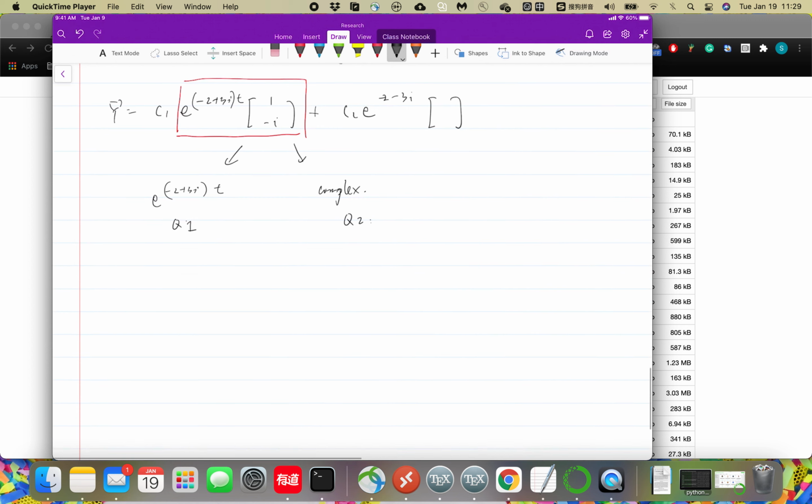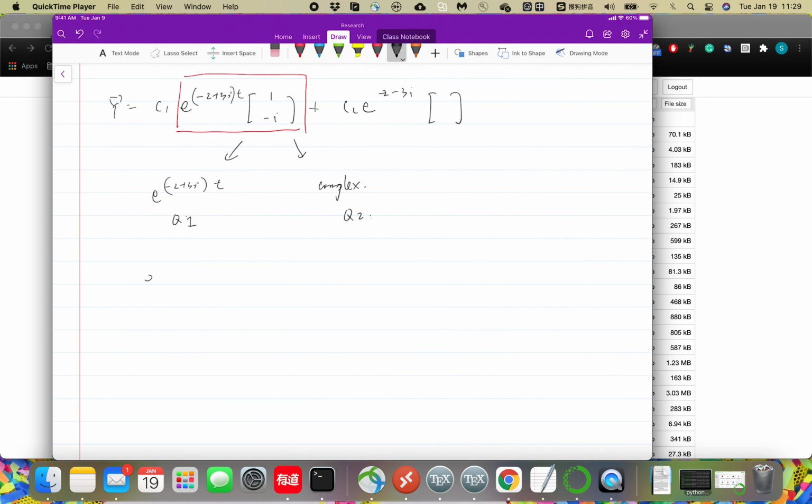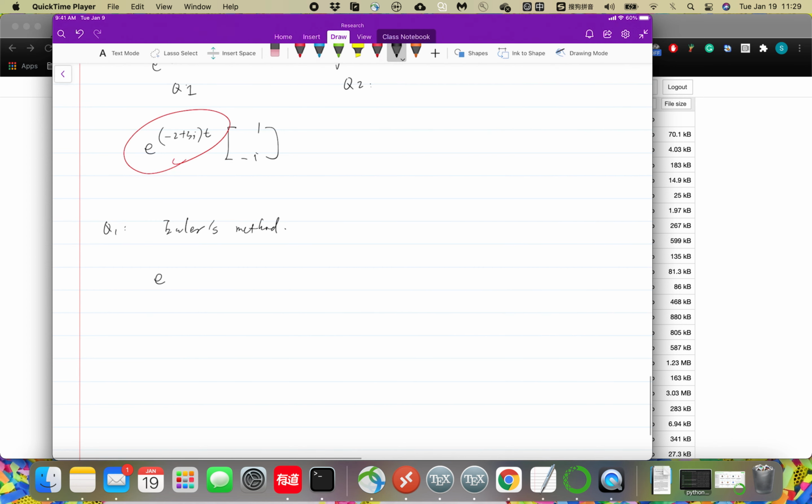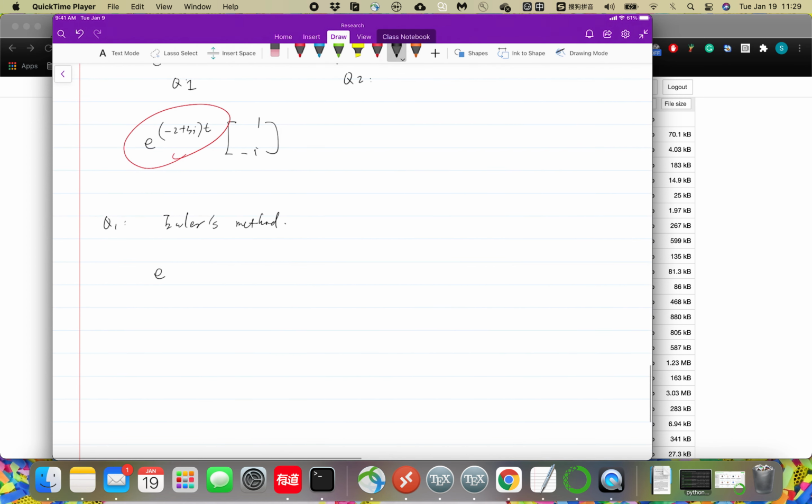Okay, that is, how do I interpret this? Well, the first part is how do we handle this Q1? And that is by Euler's formula, which we did before. We briefly mentioned. You can prove it by using Taylor expansion or other methods, but basically that's a fact we know. That is e to the i theta equals cosine theta plus i sine theta.